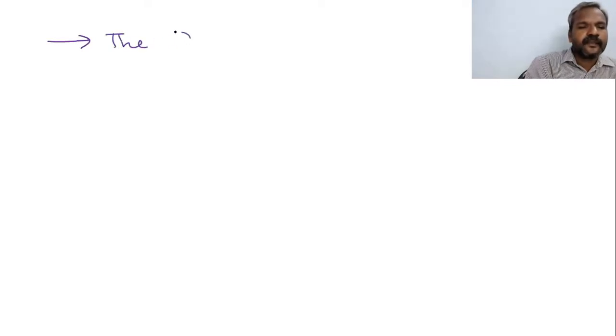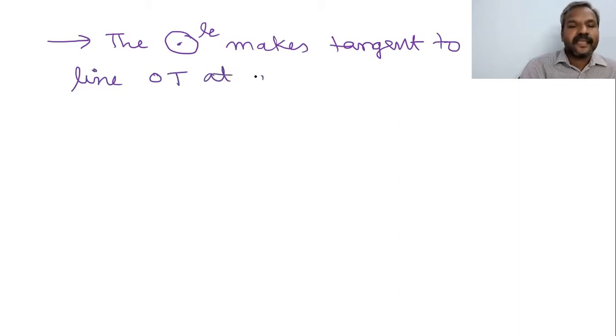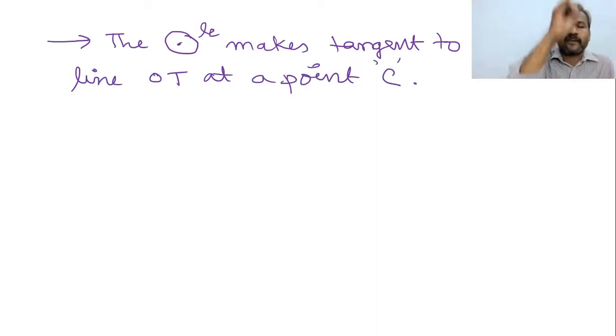The circle makes a tangent to the line OT at a point C. So from C, draw a perpendicular line to CB.